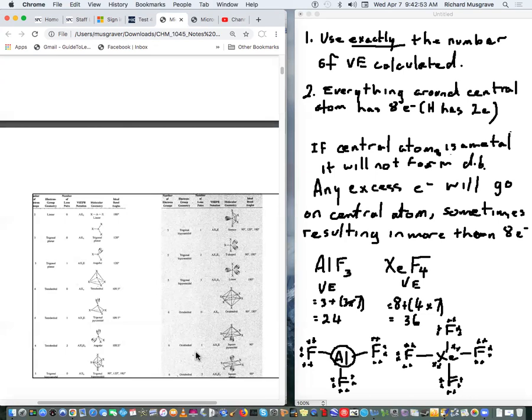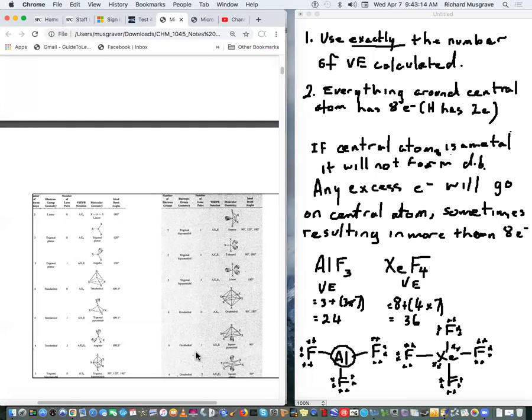So we've got this list of shapes here. You get a partial list on the test. I'll show you what you get in a bit, but it's pretty much this molecular geometry column. You get that entire column on the test so that you don't have to remember the names of these different shapes.